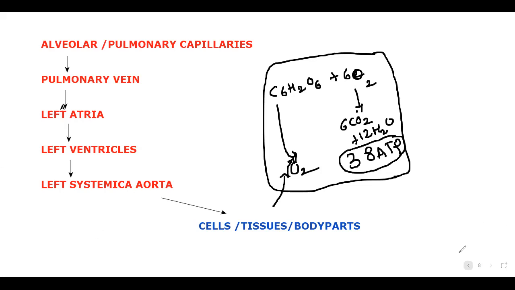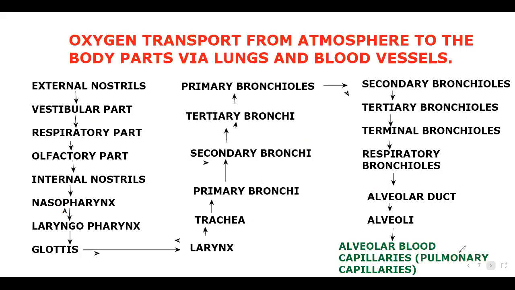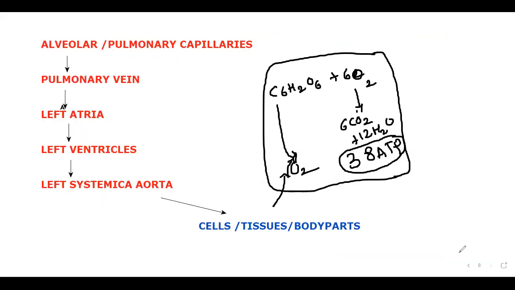It's so simple to write carbon dioxide transport, isn't it? Because the same way we need to make it back. Means we got oxygen, and that by-end product, metabolic waste product, or you can say excretory product.